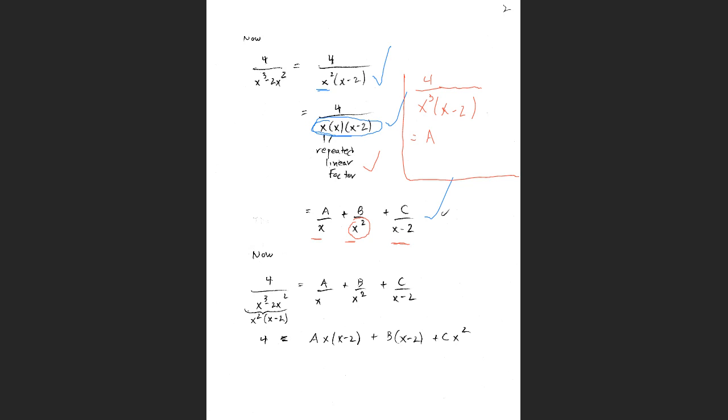It's going to be A over x, Jacob, yep, plus B over x squared, plus C over x cubed, and then finally D over x minus 2. So that's the partial fraction expansion when you have repeated linear factors. That's the pattern.